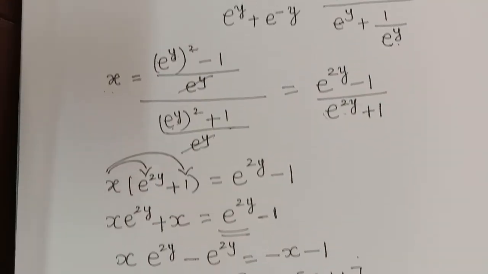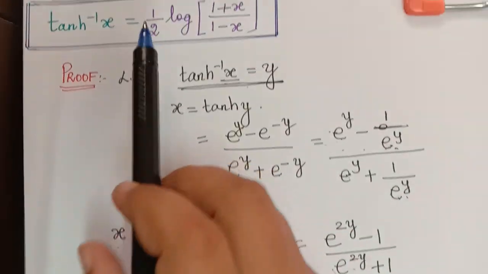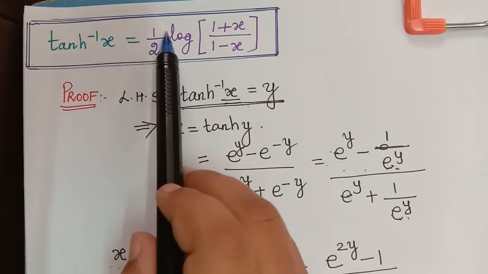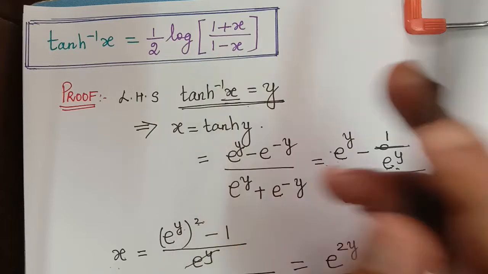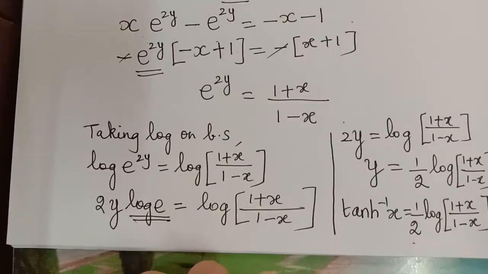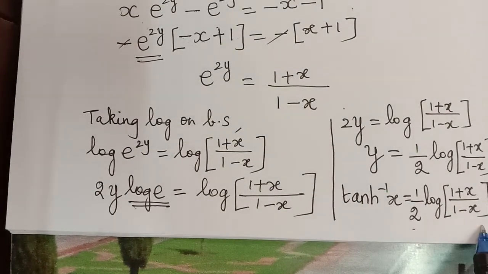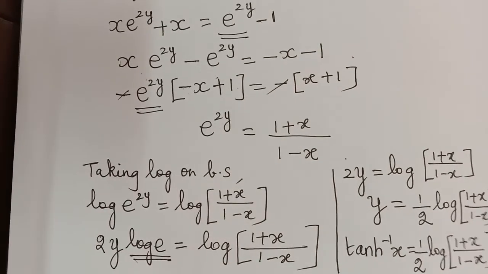That is, we have proved that tan h inverse of x is equal to 1 upon 2 logarithm of (1 plus x) upon (1 minus x). So we have proved the required result. Hope you have understood the proof of this.